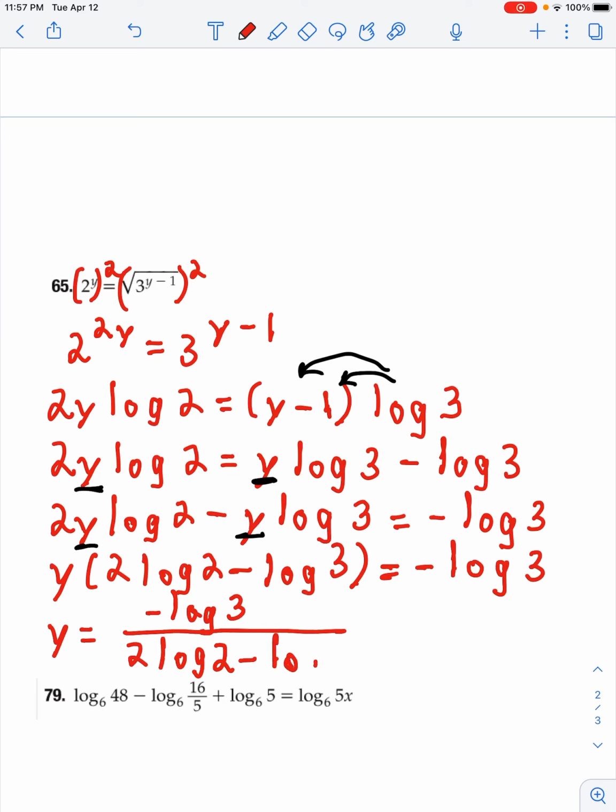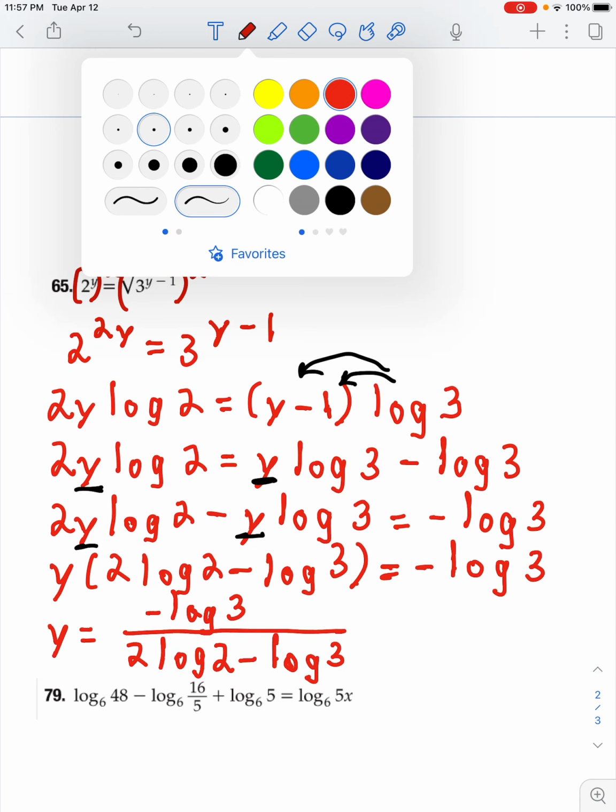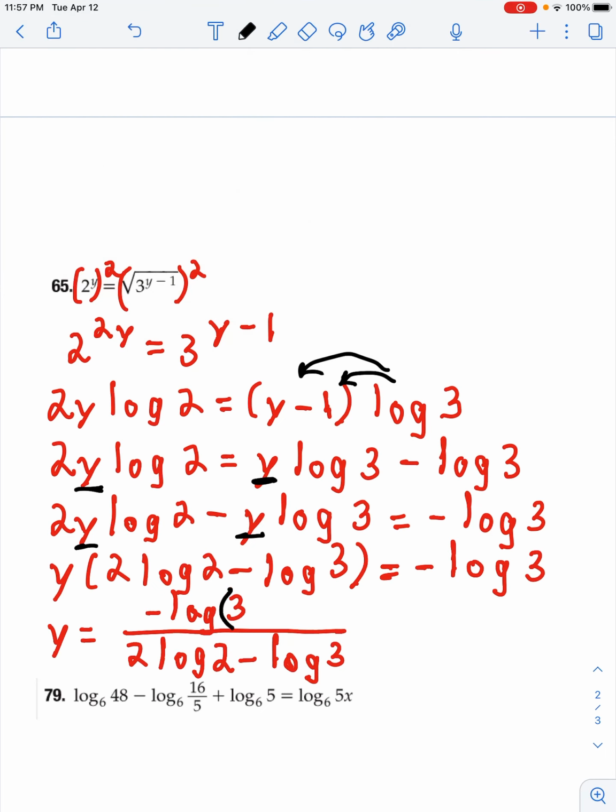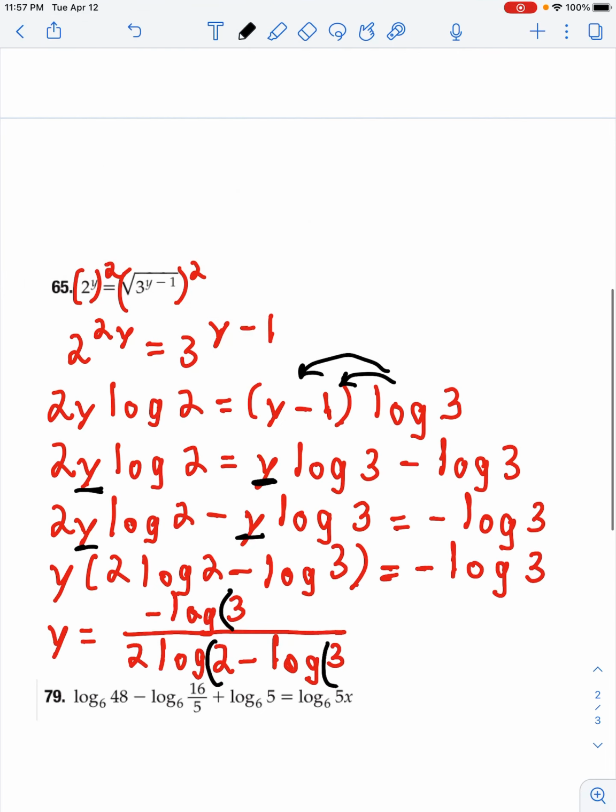Now, entering that into your calculator, you've got to be really careful. Remember, our calculators will put the left parenthesis for the arguments, and you'll need to enclose those. But in addition, since there's more than one thing happening, you're going to need to enclose the entire denominator.